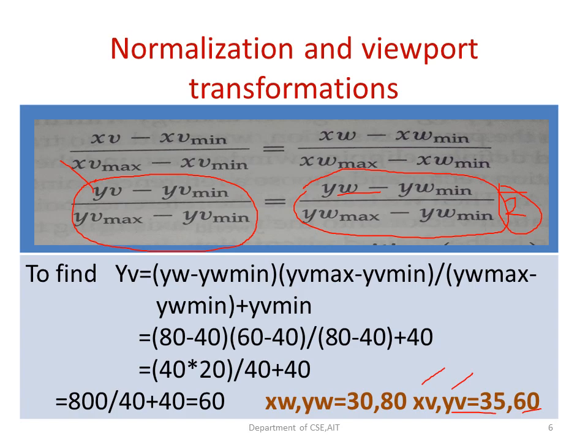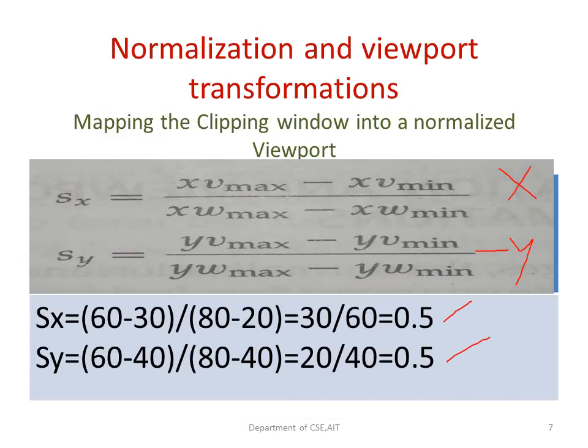This 35 and 60 was obtained from the previous values of xw and yw, which were 30 and 80. That means when I am mapping from my window to the viewport, the window size plays a part when moving a point xw, yw to a point xv, yv. So the point xw, yw has changed from the window, 30 and 80, to the viewport, 35 and 60.